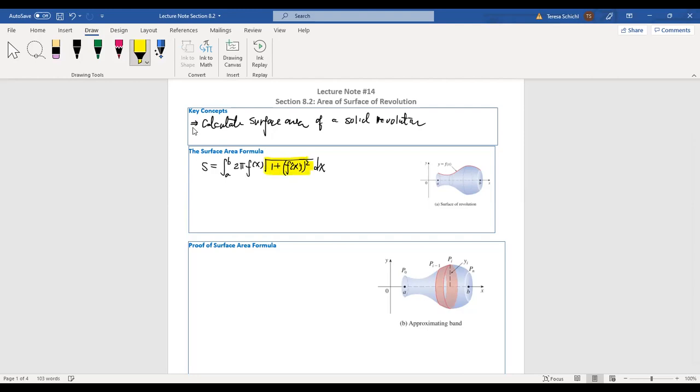It's what we talked about in the previous lecture: the length of the arc.